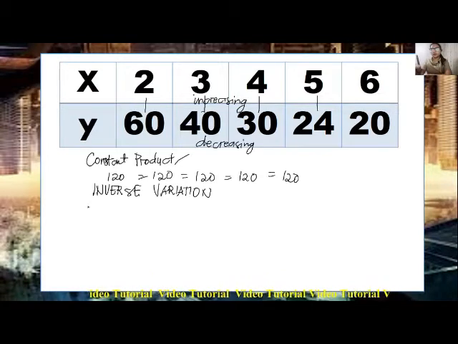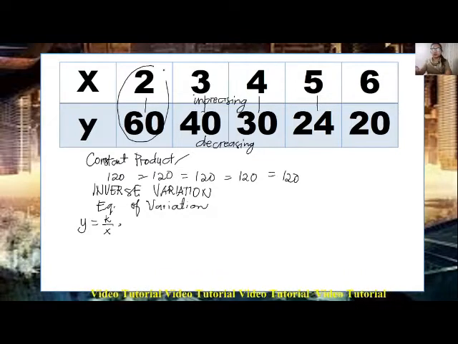Now we move forward with the equation of the variation. Since we have an inverse variation, this will be y equals k over x. And now we get values from the table. So we have x sub 1 which is 2, and y sub 1 which is 60. Now that we have x and y values, we substitute in our formula.